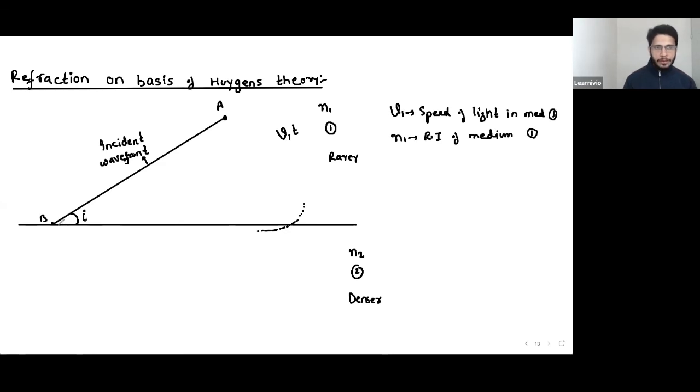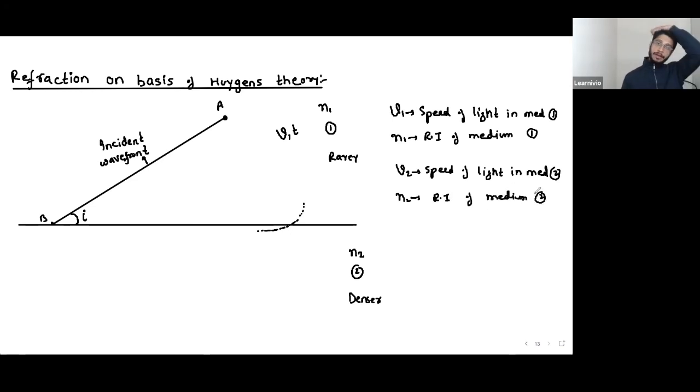Now, when you draw the wavefront in another medium, in this second medium, the speed of light is V2. In a denser medium, the speed of light will decrease. V2 is the speed of light in medium 2, and N2 is the refractive index of medium 2.